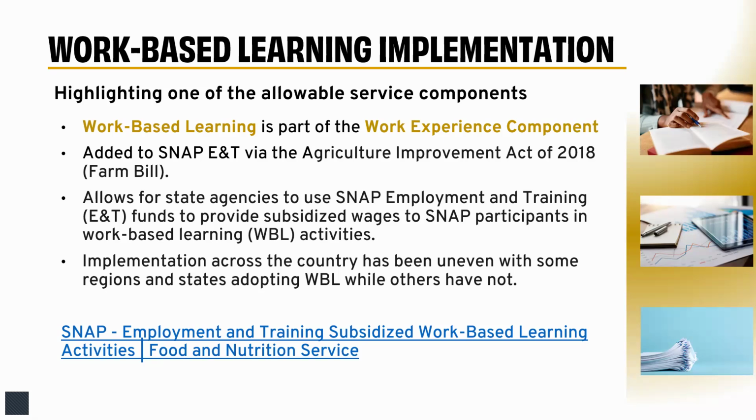The work experience component includes a wide range of work activity opportunities, everything from volunteering at a food bank to working in a social enterprise operation and a variety of other things. But the Farm Bill added what's called work-based learning.